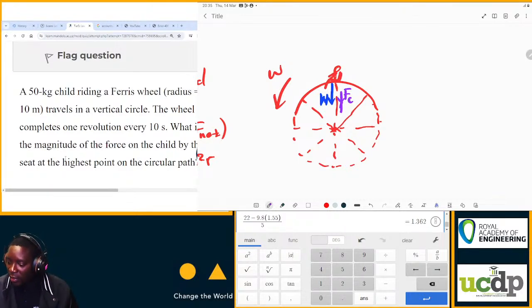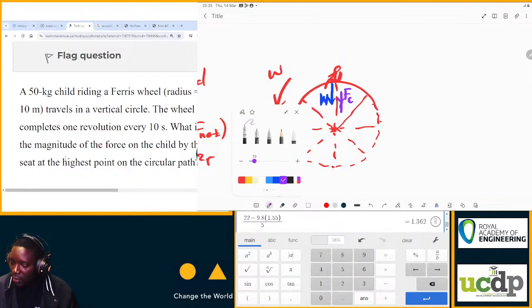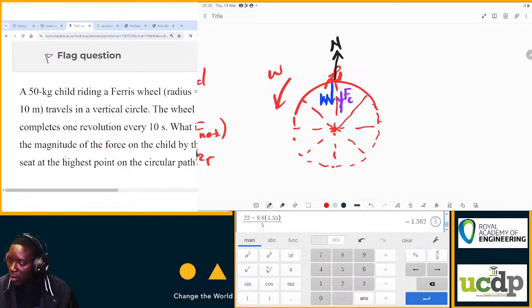So ideally, let's start with this. Let me change the color to black. So the other force is the normal. The main forces acting on the child are the weight and the normal.